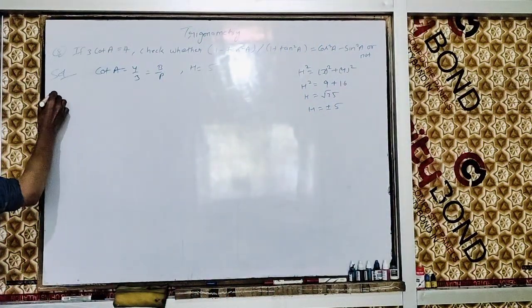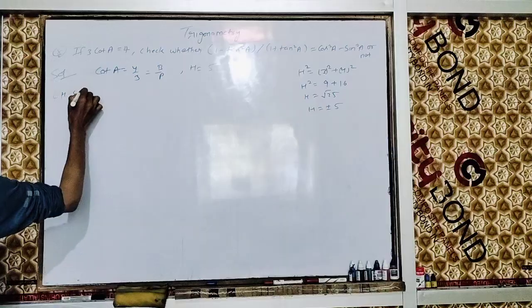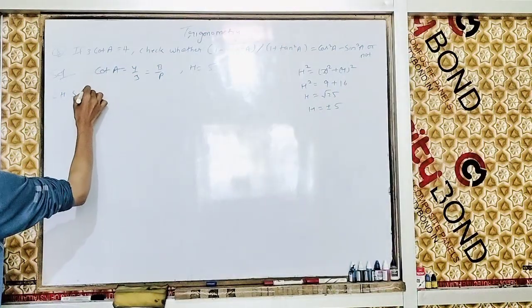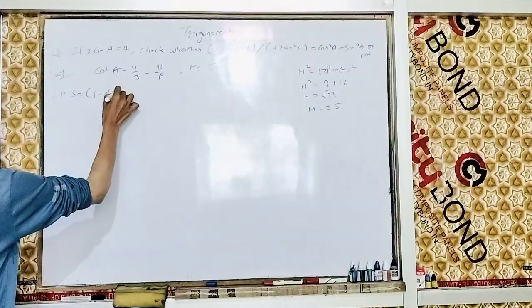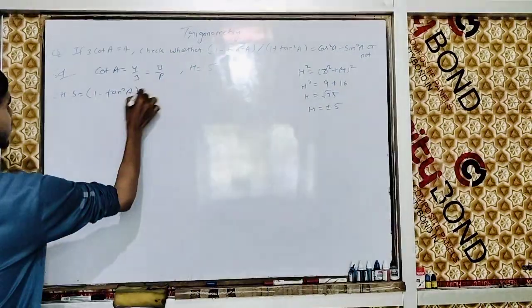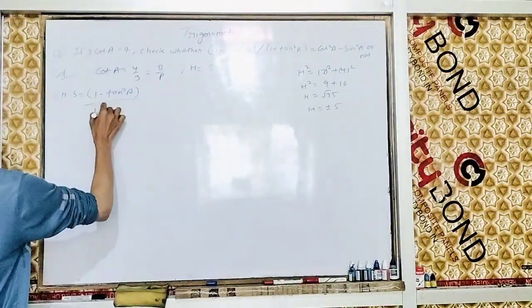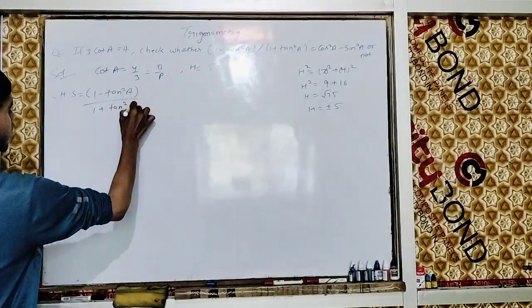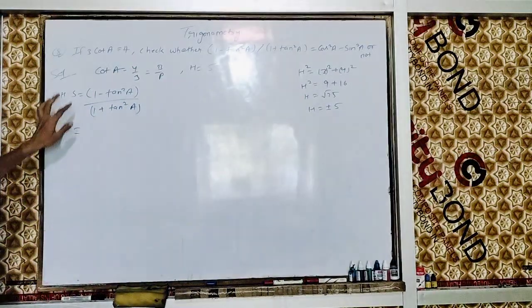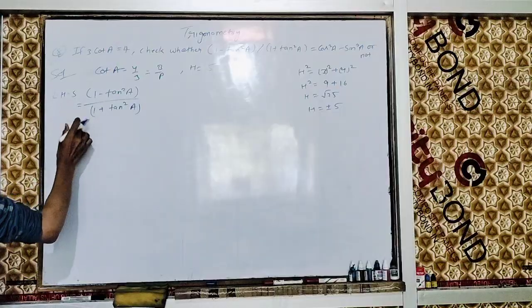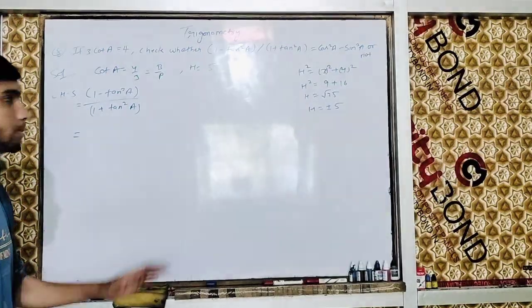Here we have LHS. 1 minus tan square A, upon 1 plus tan square A. Okay, clear? Just substitute the value of tan here.